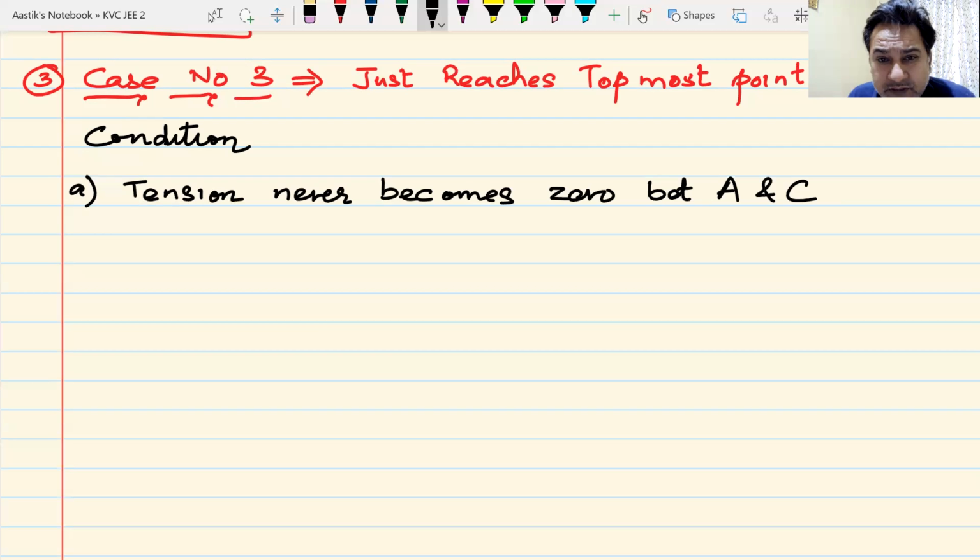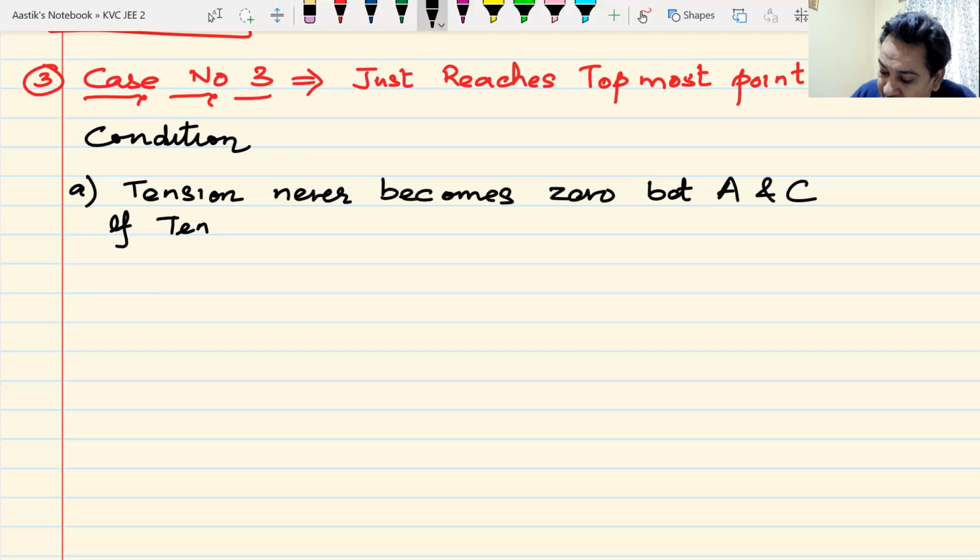Why? Because if tension becomes 0, then what will happen? If tension becomes 0, the point does not reach C. It will leave the circular path if tension becomes 0.